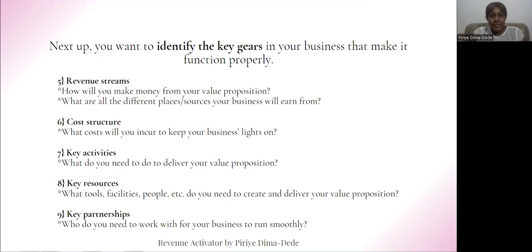You're going to need that space for you to be able to produce, right? You're going to need staff to be in the facility to operate the machines. You're going to need all sorts of different equipment and tools, right? To enable you create your value proposition and so on. So key resources, you're going to be highlighting the tools, facilities, and all the resources that you would need to create and deliver value to the market.